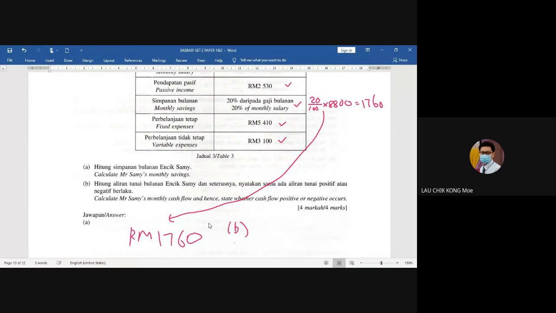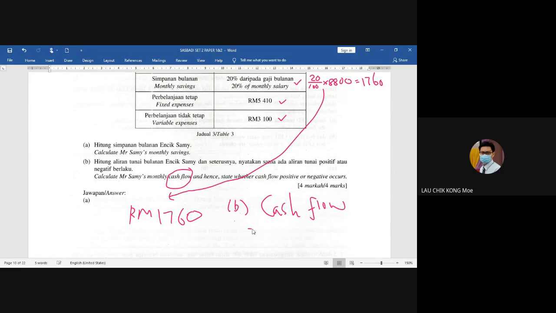Okay, and then for the B, I do it here. Calculate Mr. Sami's monthly cash flow. How to calculate the cash flow? So cash flow is the total income minus the total expenses. Total income 8,800, and then plus passive income 2,530 ringgit, and then we minus the saving. Saving also need to minus 1,760, minus fixed expenses 5,410 ringgit, and the last one minus variable expenses 3,100.